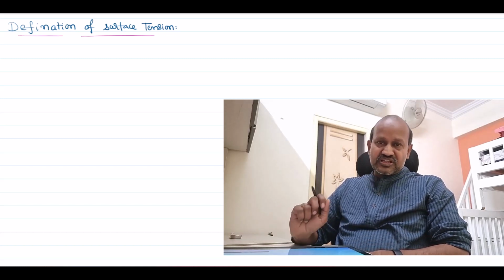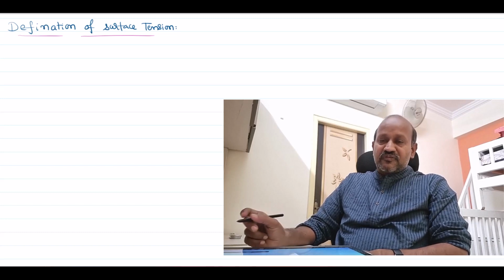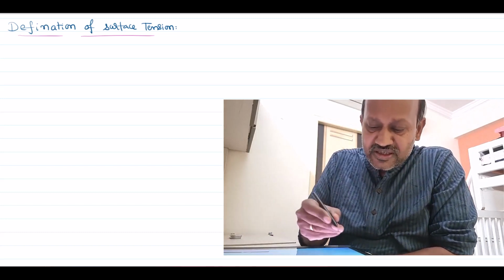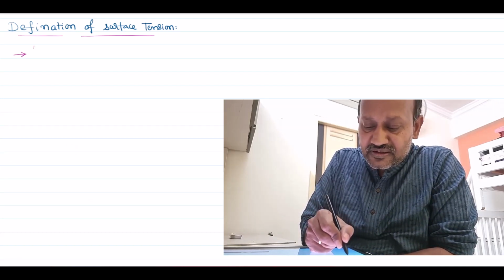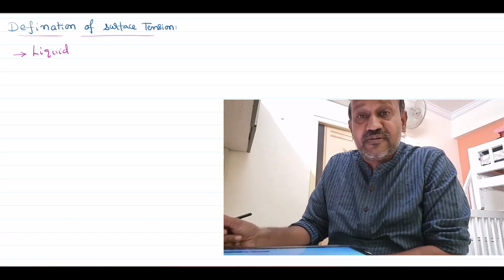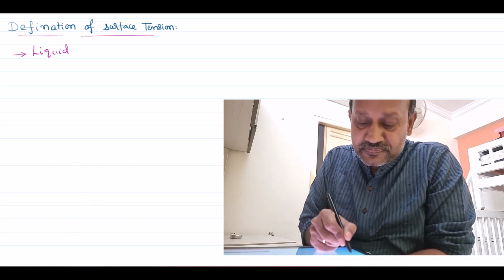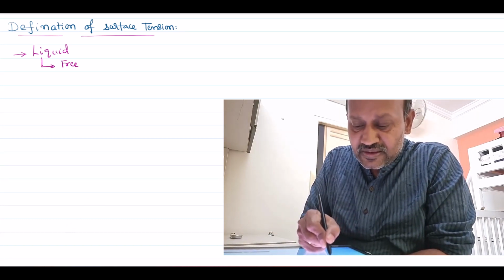Now I'm going to stick to the definition of surface tension. To define surface tension, first of all, being a property of a liquid, we shall have a liquid. So what are the basic things required for surface tension? To that liquid, we need to have a free surface.